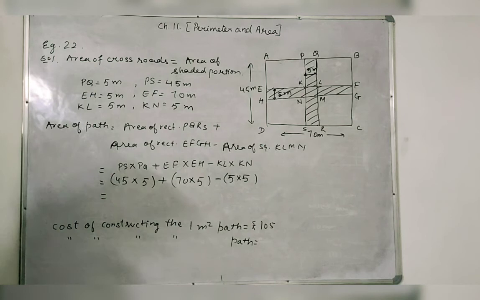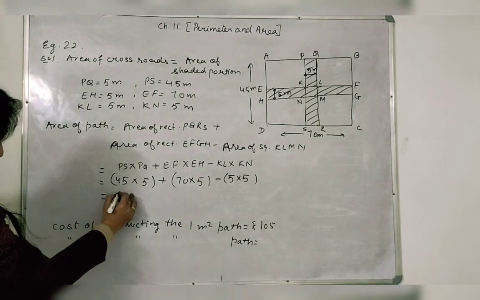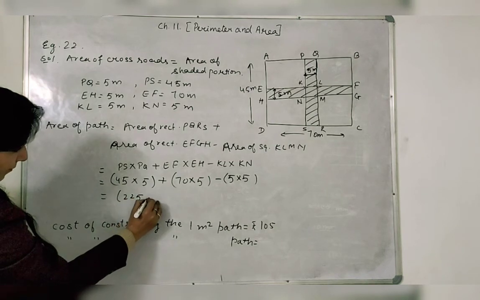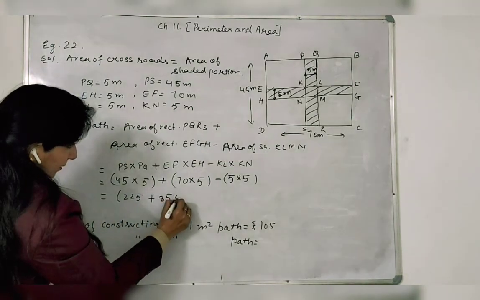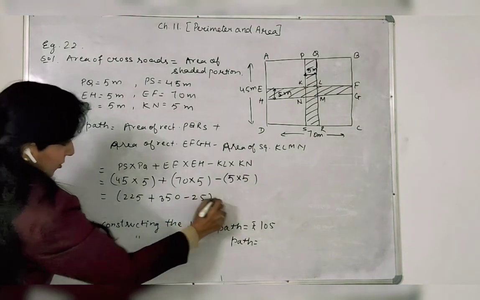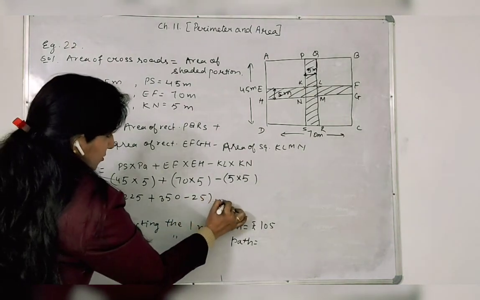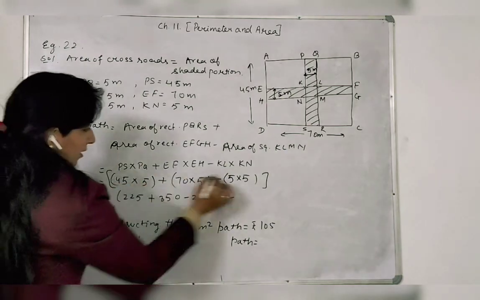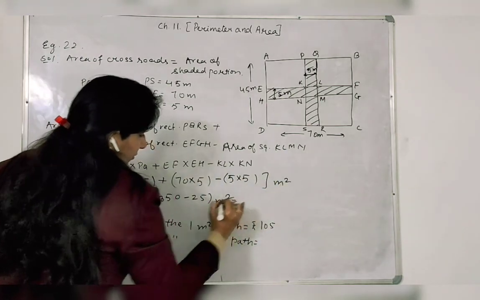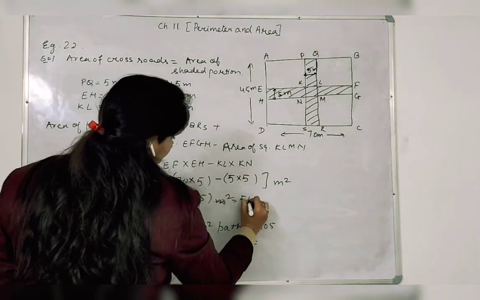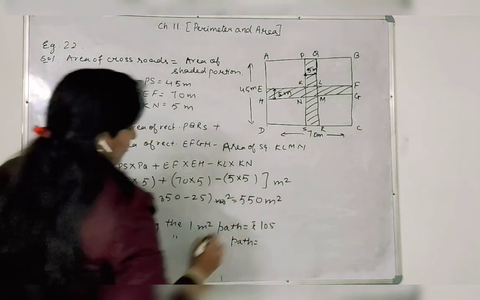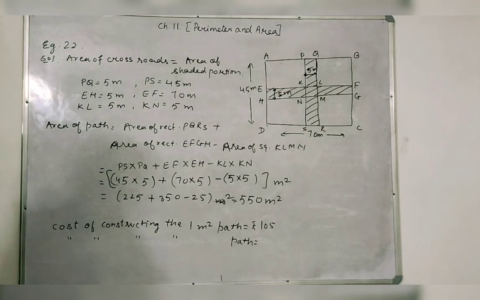Now just the calculation is left to calculate the area of the path, that is 225 plus 350 minus 25, in meter square. I am writing meter square here as well. Okay, this is the unit of this area. So after calculating here, 550 meter square is the area which we get of the crossroads.